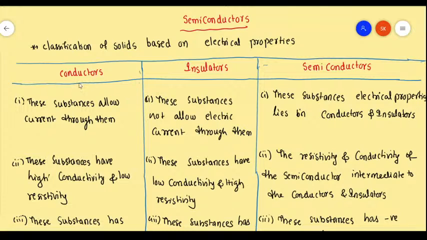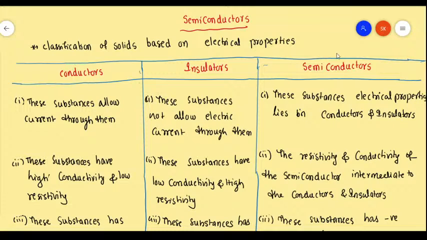Due to the flow of electrons, current is generated. But why do some allow the current and some not? In every material, electrons are there, and electrons are the charge carriers. Then why does current not flow? The electrons which are in the atom are not useful for the flow of current.